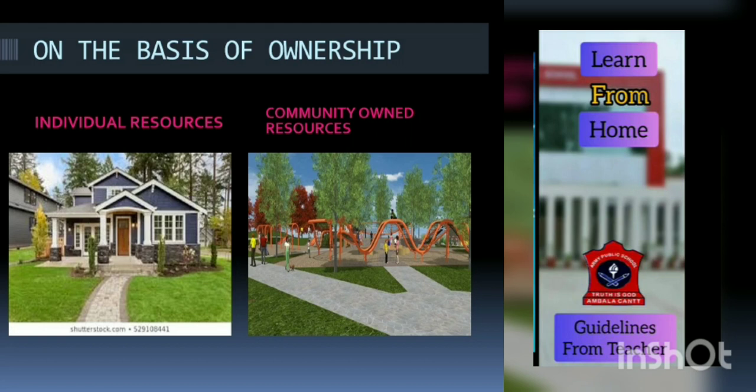Community-owned resources, on the other hand, are those resources which can be used by members of the community. The village grounds, ponds, public parks, picnic spots and playgrounds are examples of community-owned resources.